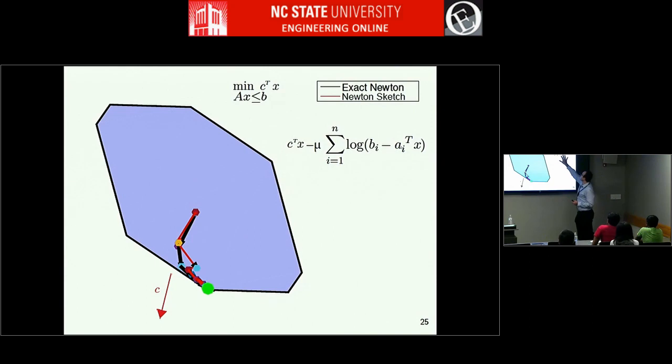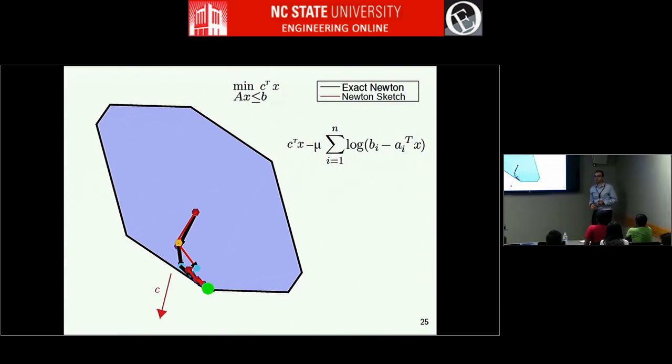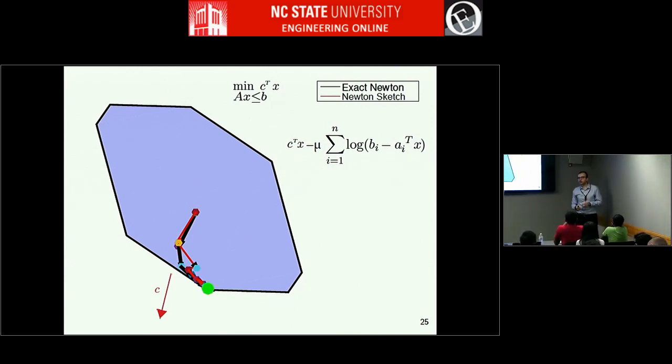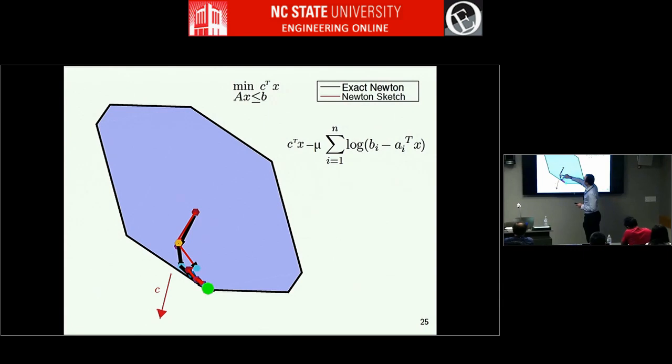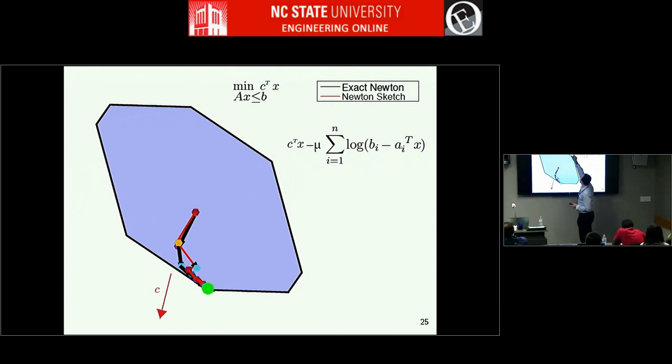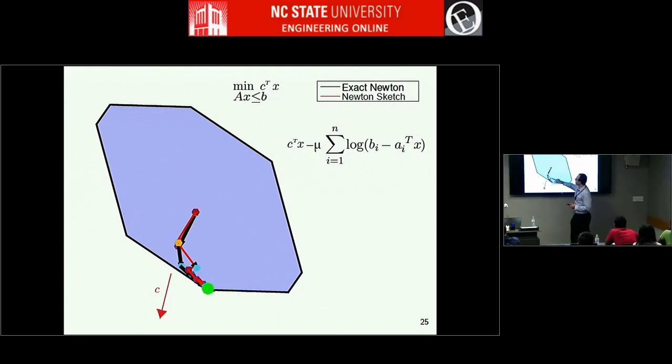This function I minimize with Newton's method usually because it's extremely highly curved, very high curvature. So if you do Newton steps, you will follow this black curve, in the direction of c, to the vertex optimizing c transpose x inside the constraint Ax less than b, which is this polytope. If you do Newton sketch, you will take a random path.